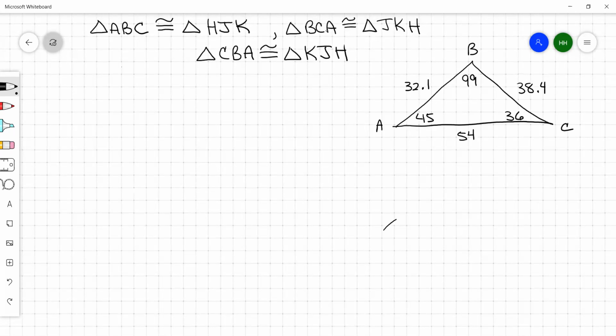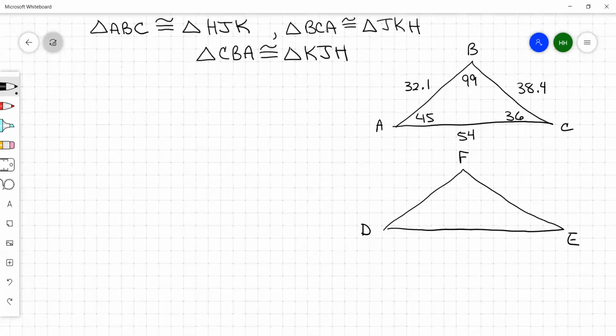We've got another triangle below it. This is triangle DFE. I wonder why they changed the order there. Angle F is 8y minus 5.